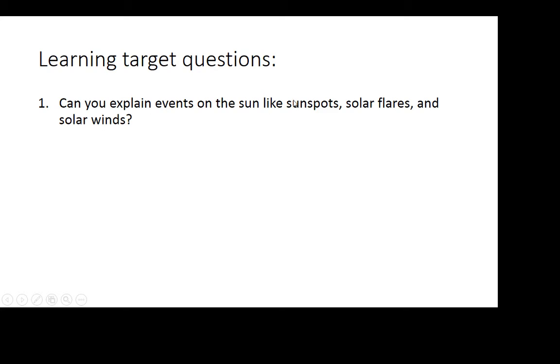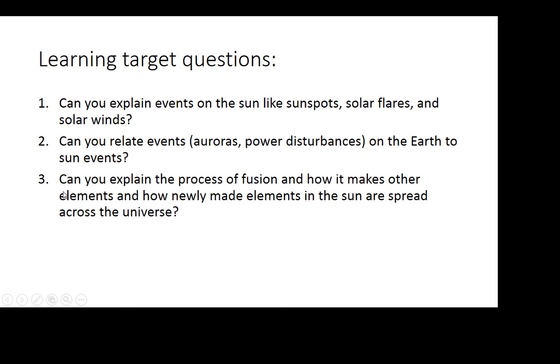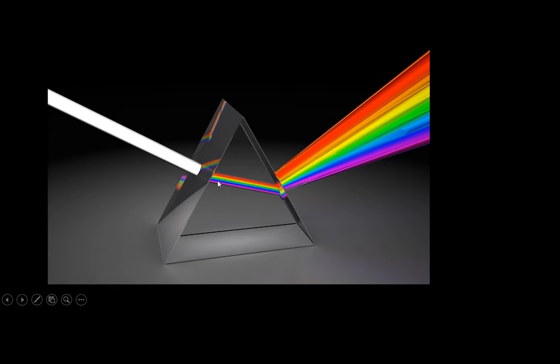Okay, so we've explained sunspots, solar flares, and solar winds. We've related these events with auroras and power disturbances here on Earth. Now we're going to explain how we know what really happens in the sun, and how we know that it goes through the process of fusion. We can tell a lot about a star by looking at the light, specifically by taking white light that comes from our sun, or really any star, and putting it through a prism.